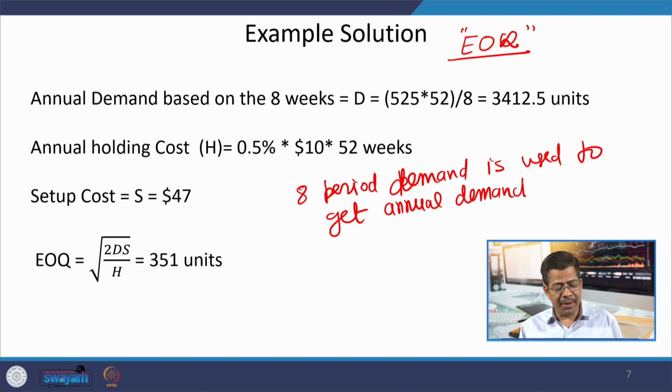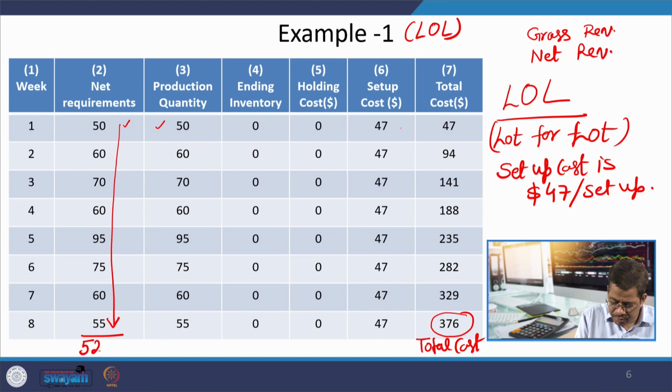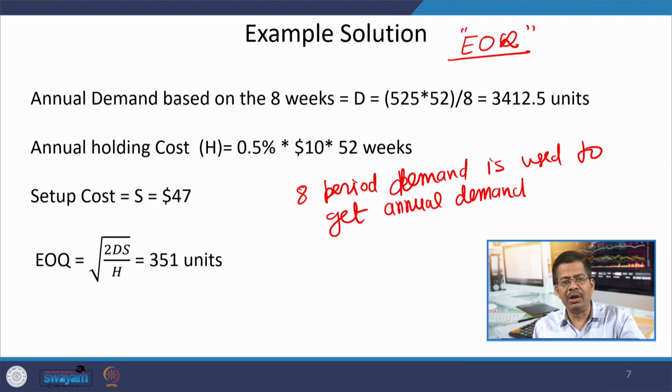The total 8 period demand sums to 525, and this 525 is used for getting my annual demand of this particular product, which comes to be 3412.5 units.